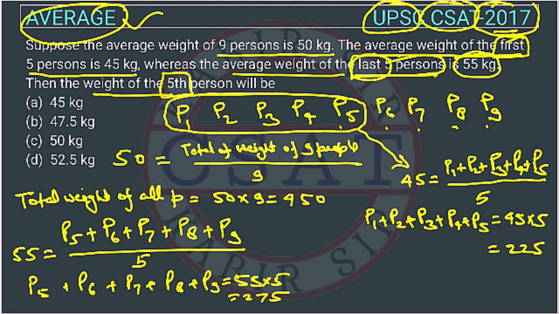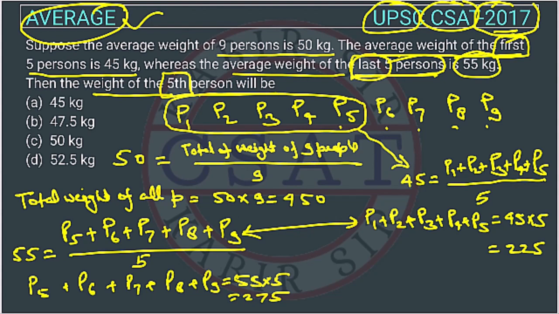So if we add these two equations, it will become P1 plus P2 plus P3 plus P4 plus P5, and P5 we have here also, right? So here it will be 2 P5, plus P6 plus P7 plus P8 plus P9, right?